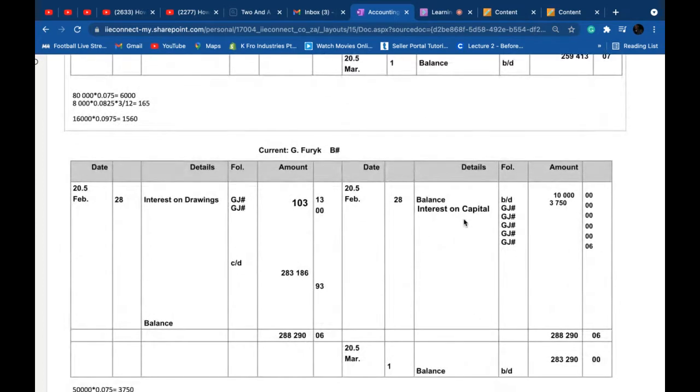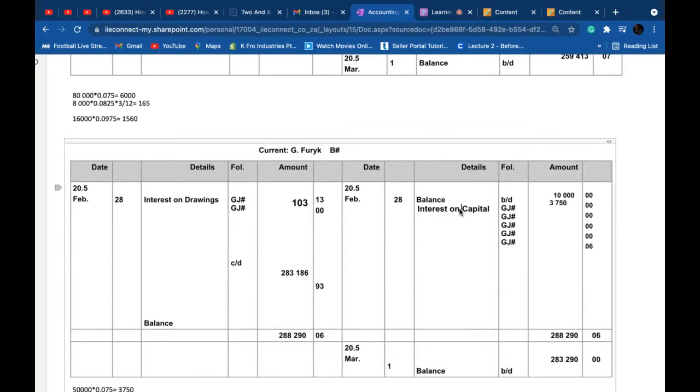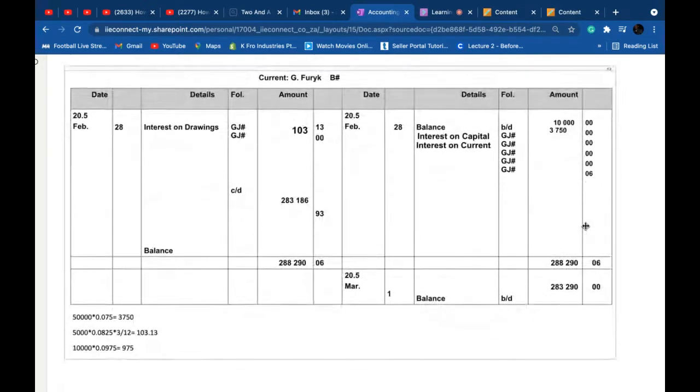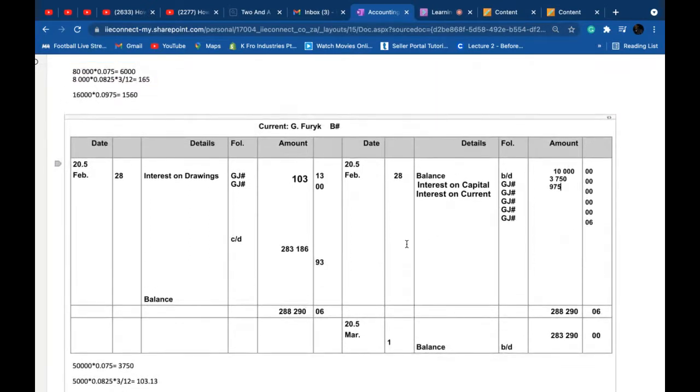And obviously, since G has got a credit balance, we're just going to credit his or her account. Okay, right. So that's done. Now we can move on to the next.